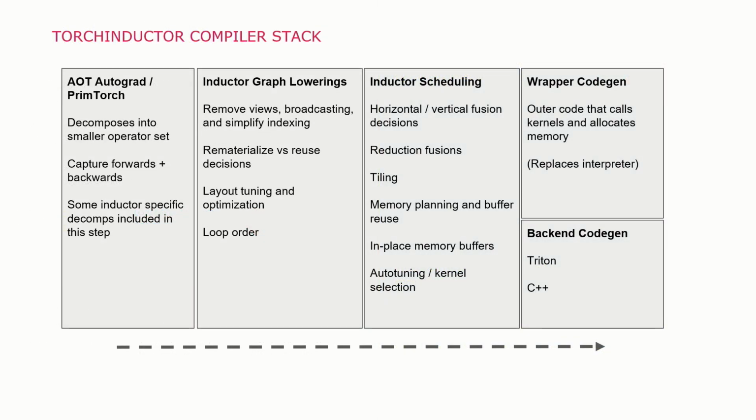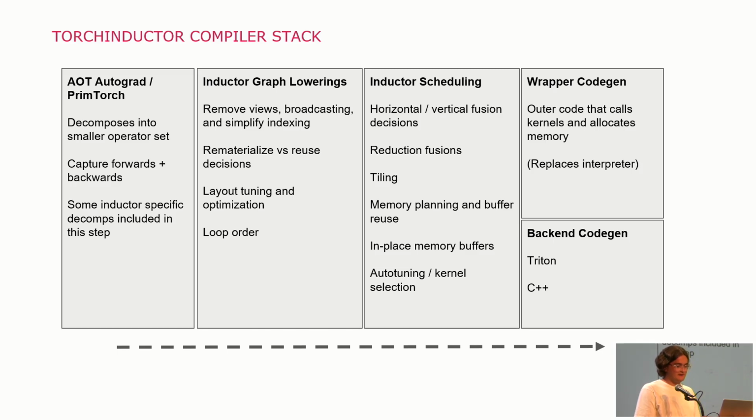So the TorchInductor compiler stack: as we already went over, TorchDynamo and AOTAutograd take your high-level Python program and produce a much simpler form, which is then ingested by TorchInductor. Graph lowering converts operator invocations in the FX form to loop level IR, and we do things like removing views, broadcasting, and simplifying indexing.